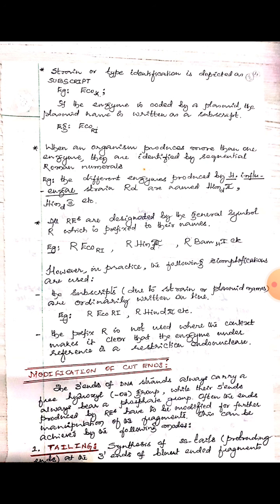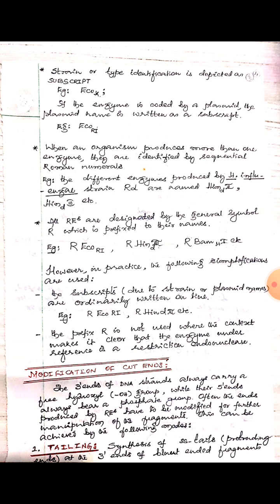The third principle, the strain or type is depicted as subscript. The strain or the type of the bacterial strain is depicted as subscript. Say for example, if I write ECO K, I will write it as subscript because that will tell us the strain from which particular Escherichia coli the enzyme has been extracted.